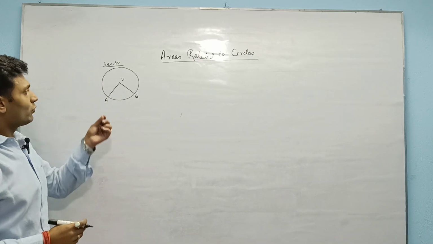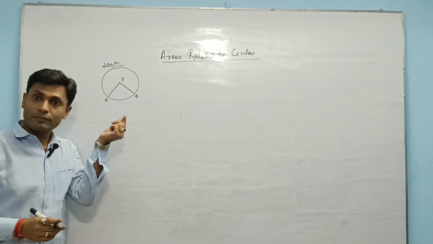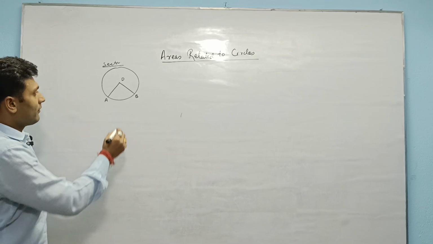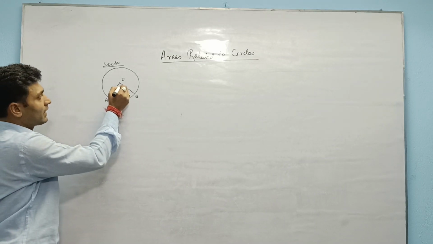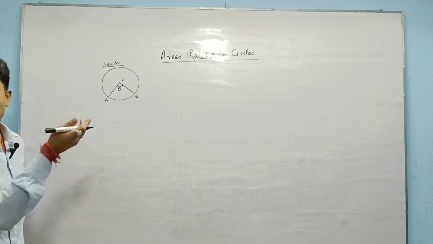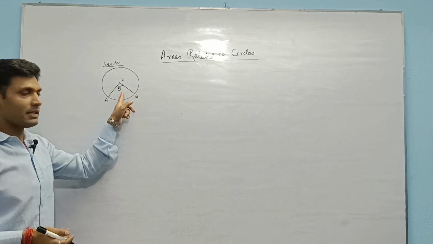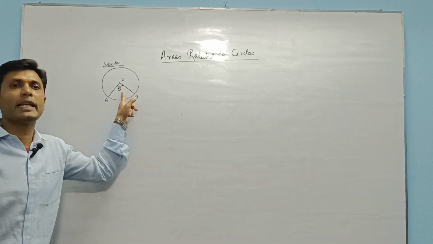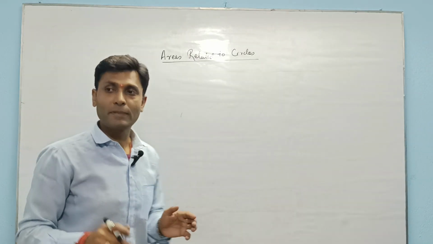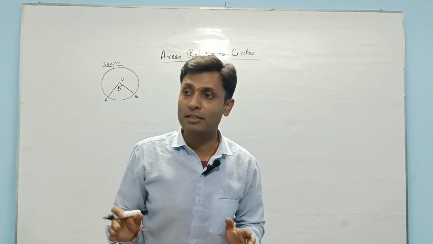Now, if I ask you which one is the minor sector: if the angle subtended by the sector at the center, I'm marking it as theta, is less than 180 degrees, then it is called minor sector.